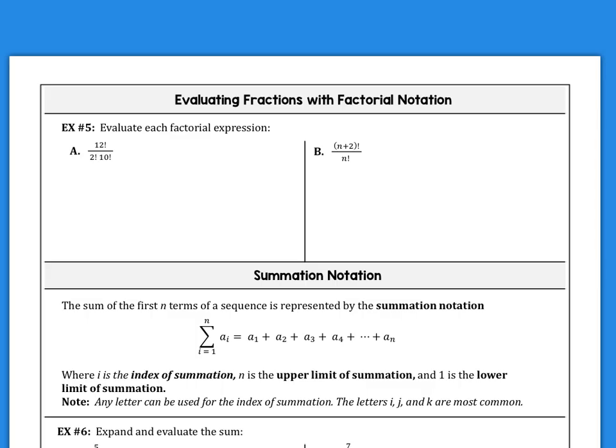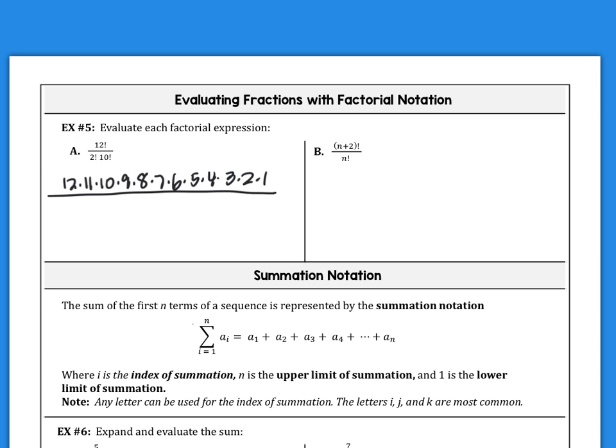Now on this next page, we are evaluating fractions with factorial notation. So notice at the top on part A, we have 12 factorial over 2 factorial times 10 factorial. So this actually means 12 times 11 times 10 times 9 times 8 times 7, 6, 5, 4, 3, 2, 1.